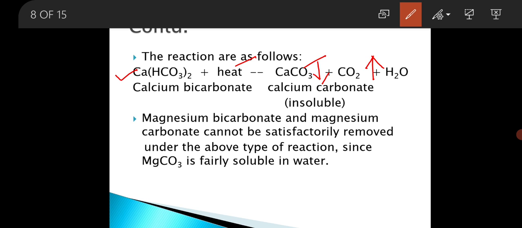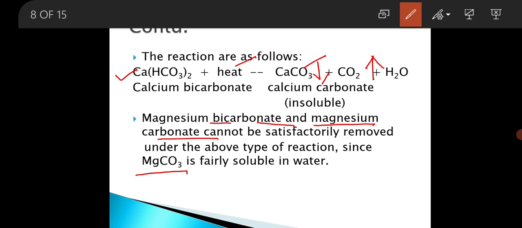This method is suitable for calcium bicarbonate, but magnesium bicarbonate and magnesium carbonate cannot be satisfactorily removed by this type of reaction, because the MgCO3 obtained is soluble in water.